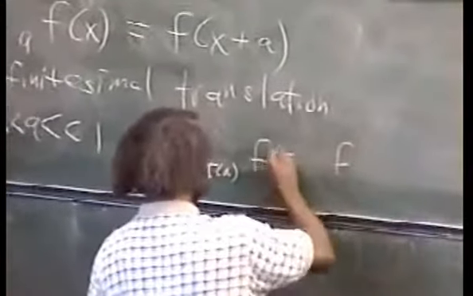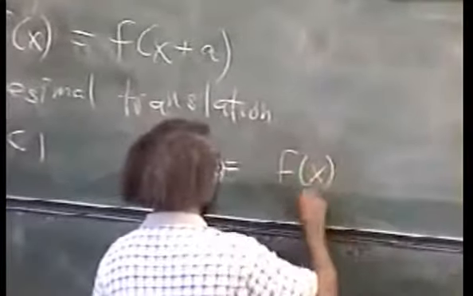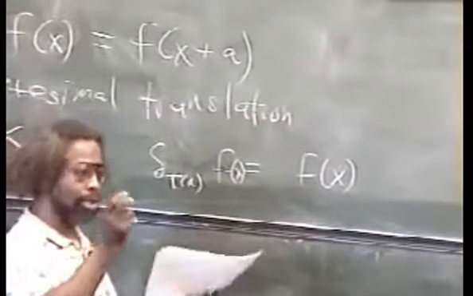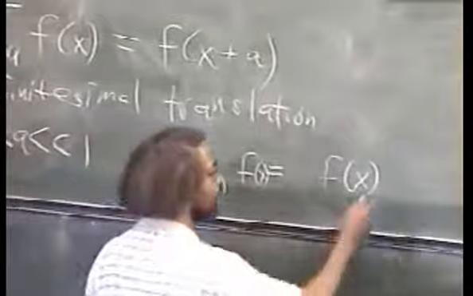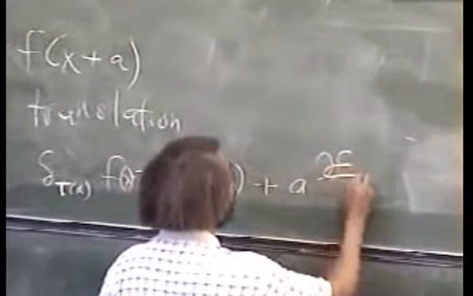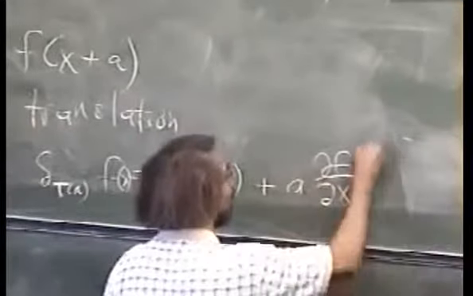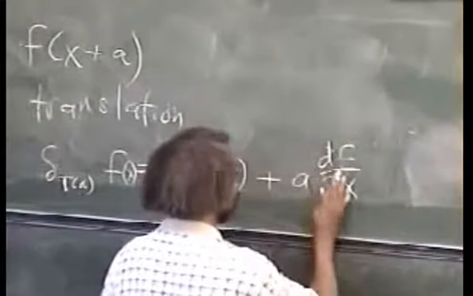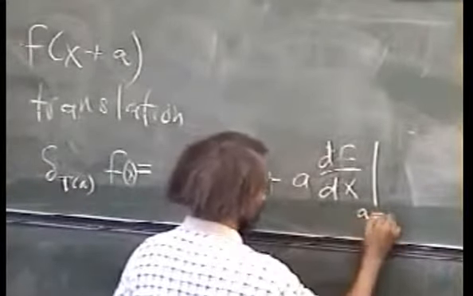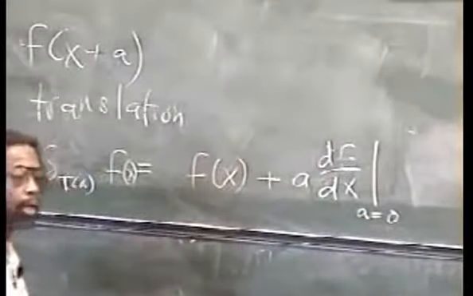Well, Taylor's theorem says if you expand about a, the leading term occurs at a equals 0, then there's a term that is proportional to a times the derivative of f of x, I'm sorry, I'm using straight derivatives here, evaluated at a equal to 0, right?